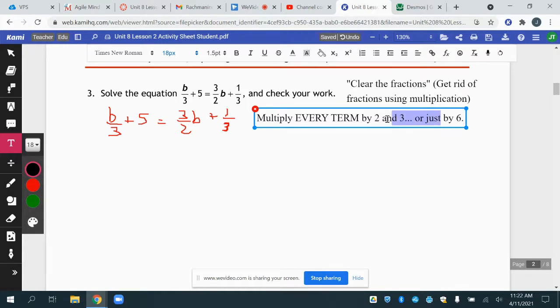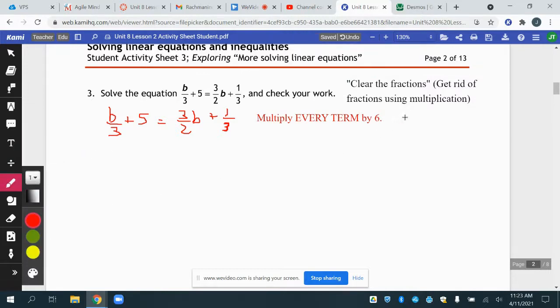You know what? I'm just going to say by 6. That's going to be it. This is very important. That's what we're doing right here. Now, if I multiply everything by 6, here's what I get.